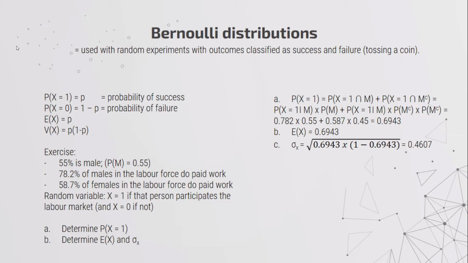Then here we would have the probability of having X1. We already said that is the success given men, which means that percentage is 78.2% times the probability of men, because that's how the intersection is calculated from the formulas before.